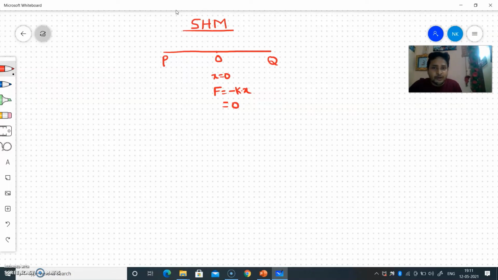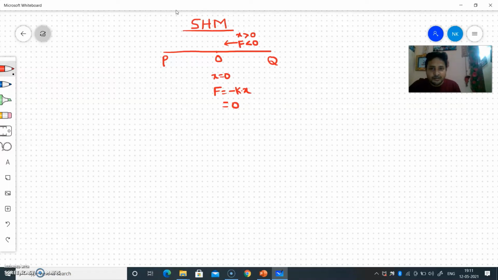When x is positive, the particle is displaced from O towards Q, so the distance is positive. The force acting on the particle is F equal to minus kx. X is positive, so the force will be negative. The direction of the force will always be towards the equilibrium position, so it tries to pull the particle back towards the equilibrium position.